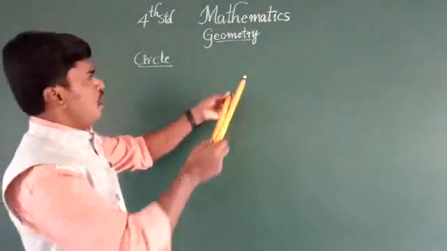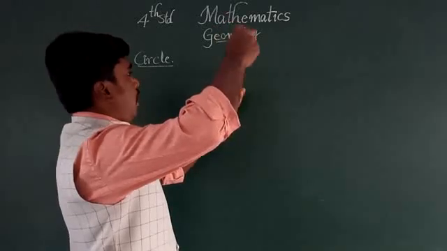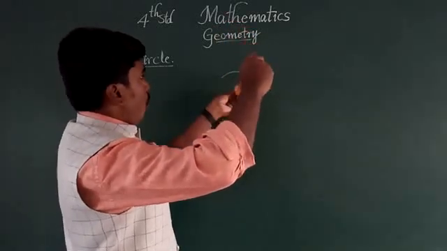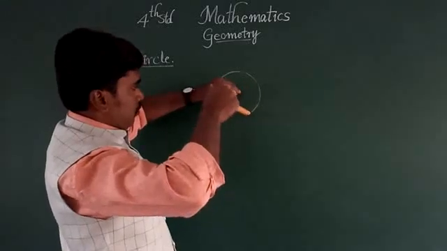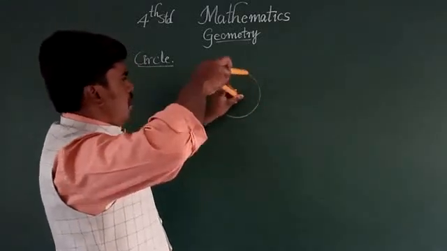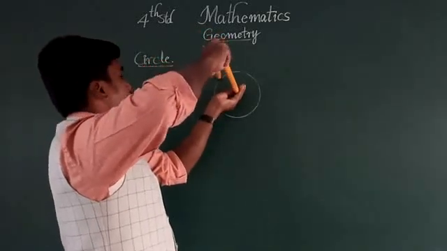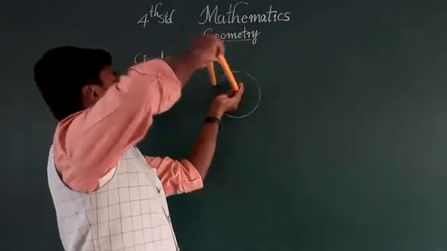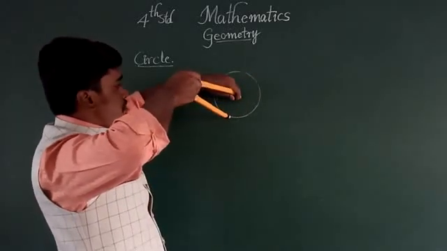If you change it, it will not be in the shape of a circle. So here I am keeping the pointer at the same point and drawing the circle. Afterwards, I will explain how to take the measurements and draw different lengths, different radii of circles.